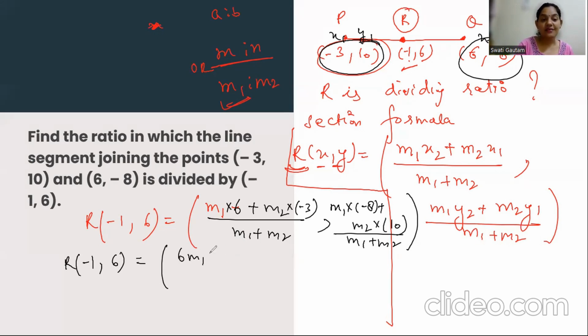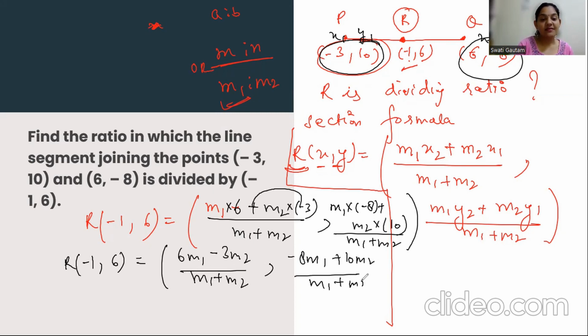So we can't take plus. Plus minus will become minus. So -3m2 divided by m1 plus m2, comma, -8m1 plus 10m2 over m1 plus m2. Please dissolve this in your mind first. Up till here, I think things are clear to you.